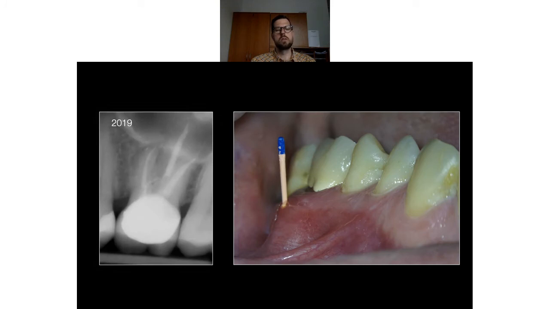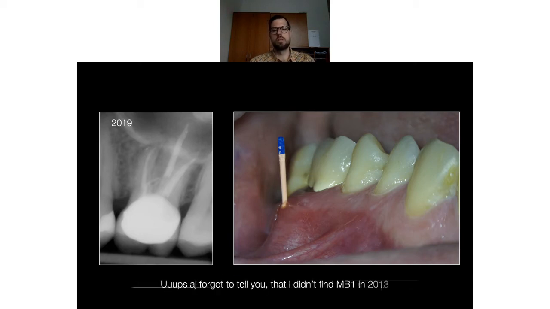And you see that always when you have pus discharge, it is nice to take a GP point and put it in the pus discharge, and you see from where the pus is going. So always when you have a pus discharge, put a GP cone and make an X-ray with it. And oops, I forgot to tell you that I didn't find the MB1 in 2013.